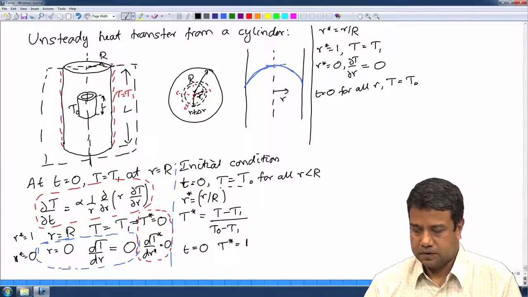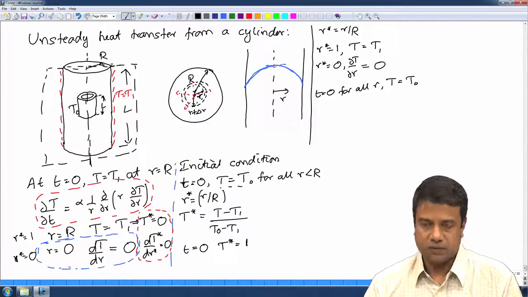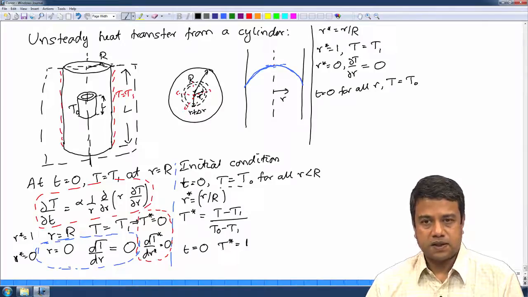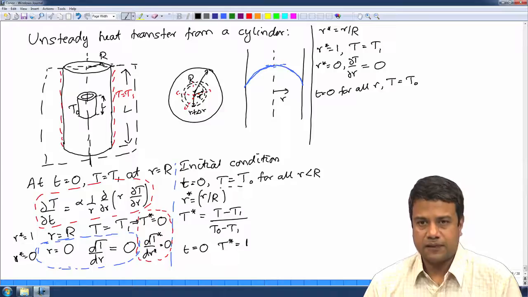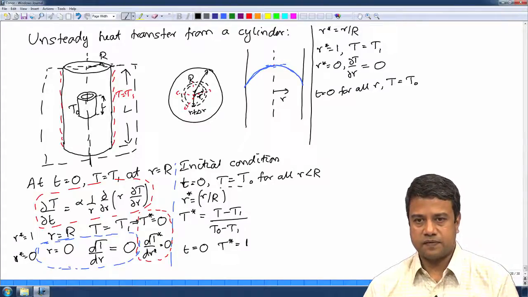So, how does one scale the temperature? I had gone through that in the previous lecture. What is it that you would expect the temperature to be in the limit of long time? As t goes to infinity, the temperature of the cylinder should be uniform. It should be equal to T1, because that is the surface temperature.